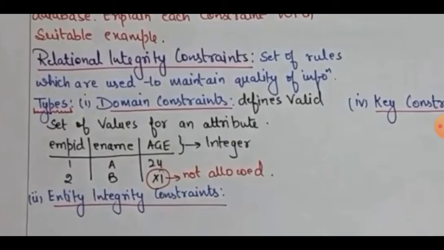These kinds of constraints restrict some domains so that our data will be stored in a valid form. So we have completed the first constraint, the domain constraint.